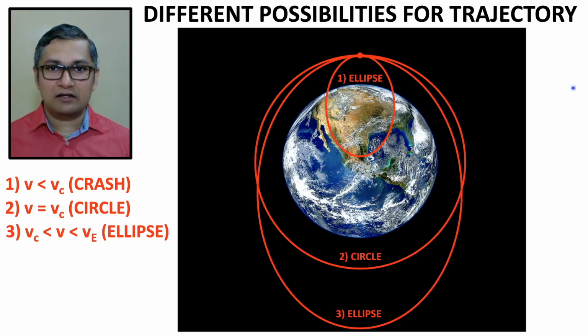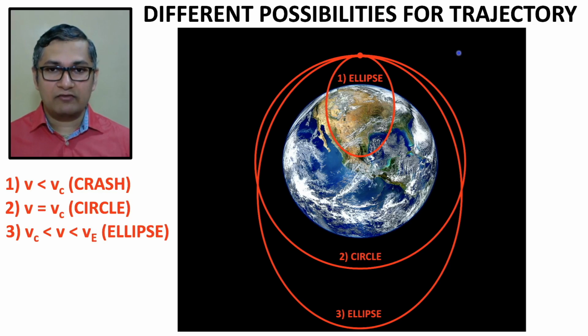So since it never enters the Earth's atmosphere, it doesn't crash into Earth. It can complete the entire trajectory. So if it starts from here, it can go around and come back, without crashing into Earth. And sometimes we may want satellites to be in this kind of orbit also. Elliptical orbits are fine.